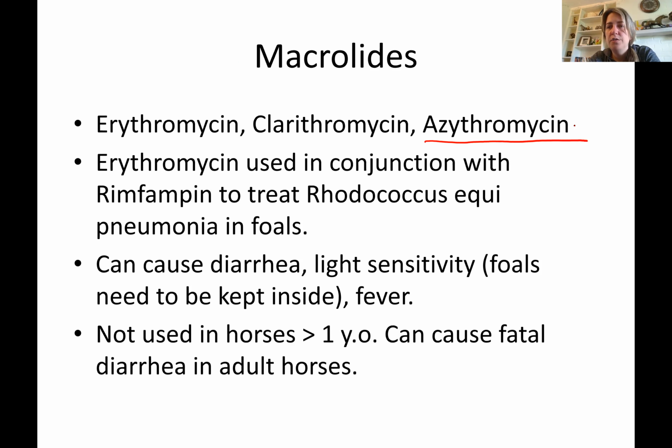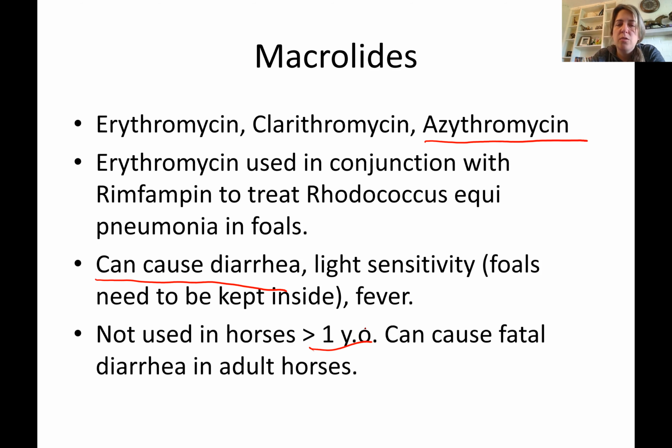They are very useful in human medicine, not so much used in horses because it can cause very severe diarrhea in older horses. So if you're older than 1 year old, it's not used in horses, because it can cause this very severe diarrhea.